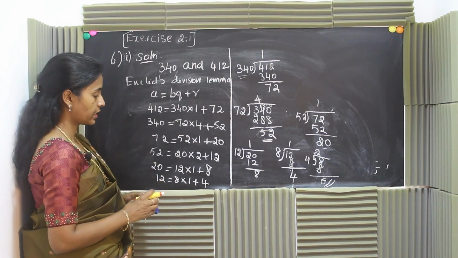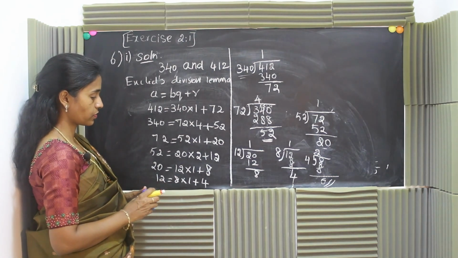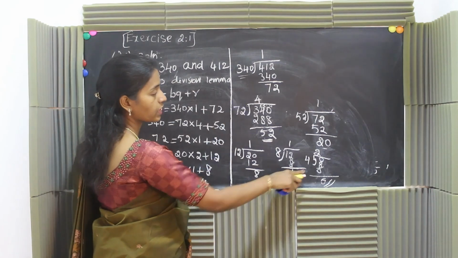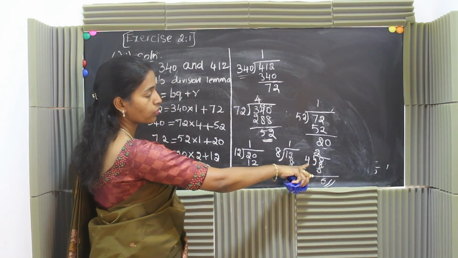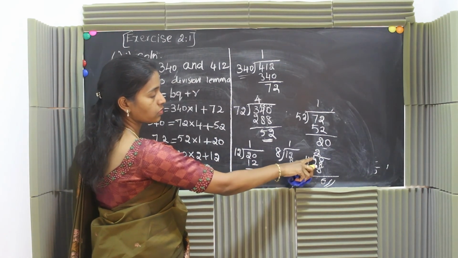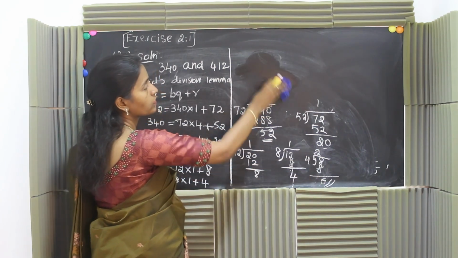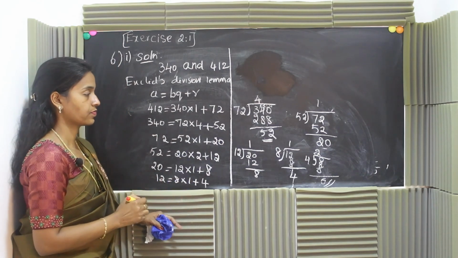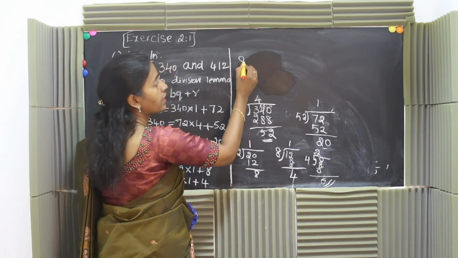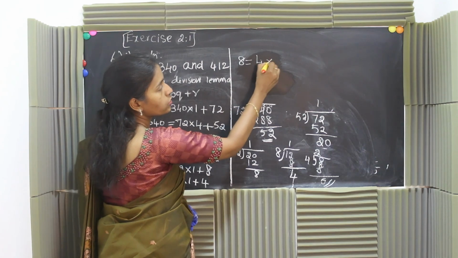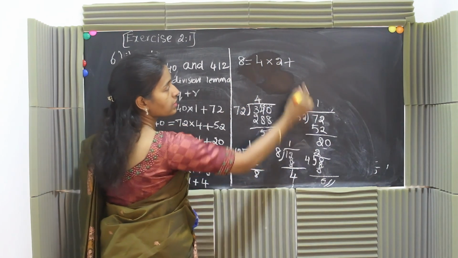So in the next step, what do we have to write? We have to apply these values, 4, 2, 0. How can we write it? 8 equals 4 into 2 plus 0.